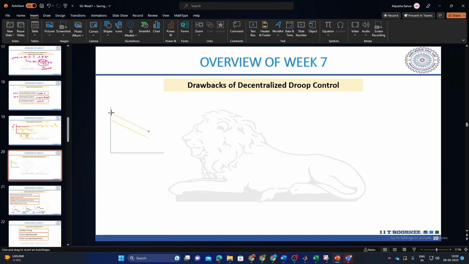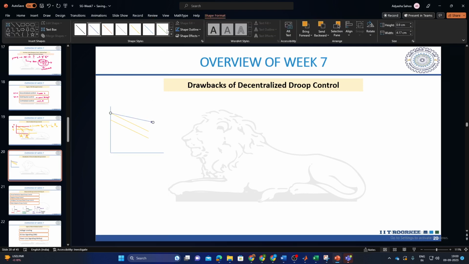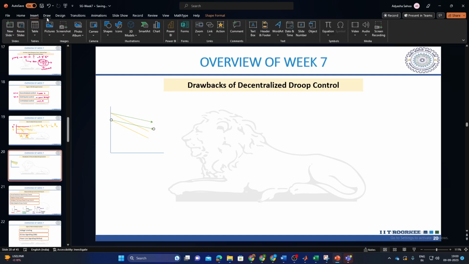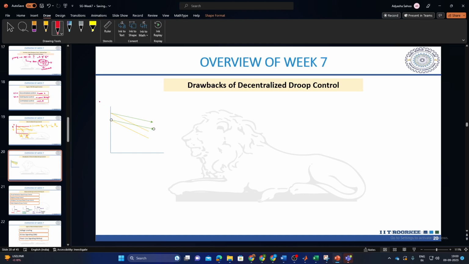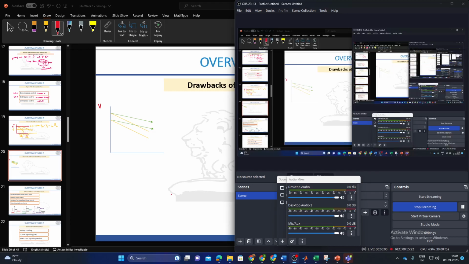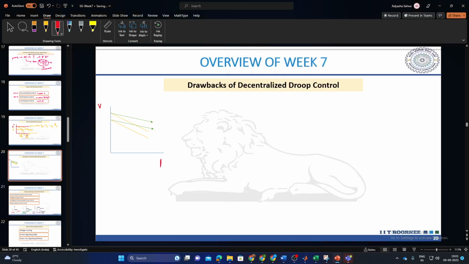Let's say I'll change here, and another one with such kind of group characteristics. Basically here it is my V, and that is my P.